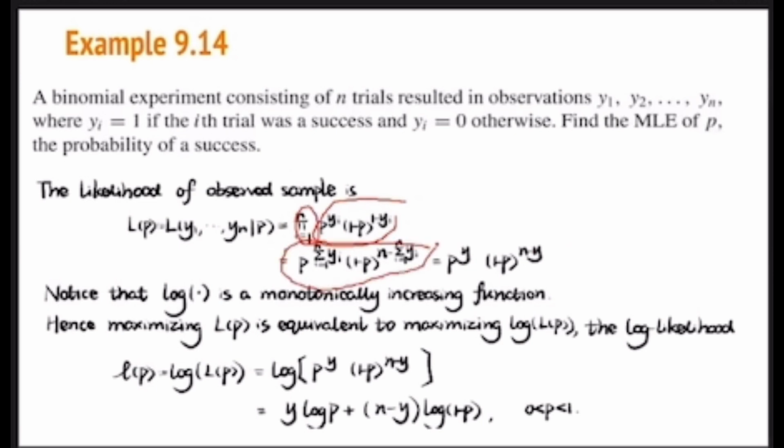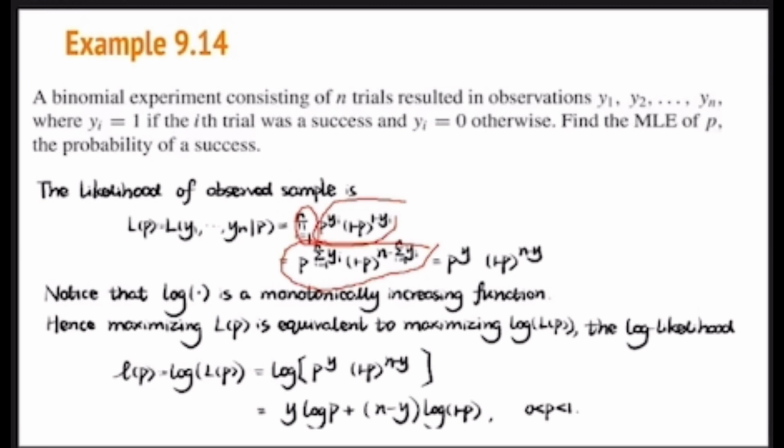Now, after getting the likelihood, you know what I'm going to do? The very first thing is to go by differentiation. But before we do differentiation, we first of all take the logarithm of the likelihood. You can see all this as a power, right? When you take the log, it brings the power down.